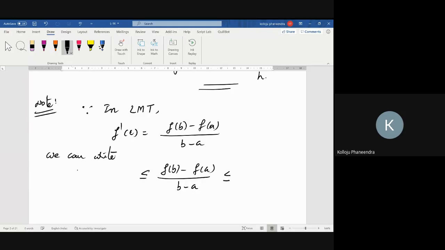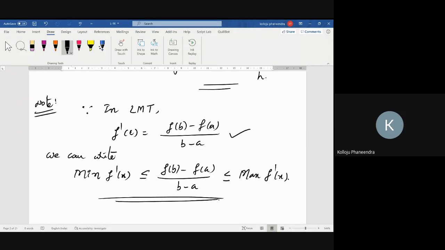The first one is the minimum of f dash x, and this one is the maximum of f dash x. This inequality is true because of Lagrange's mean value theorem.